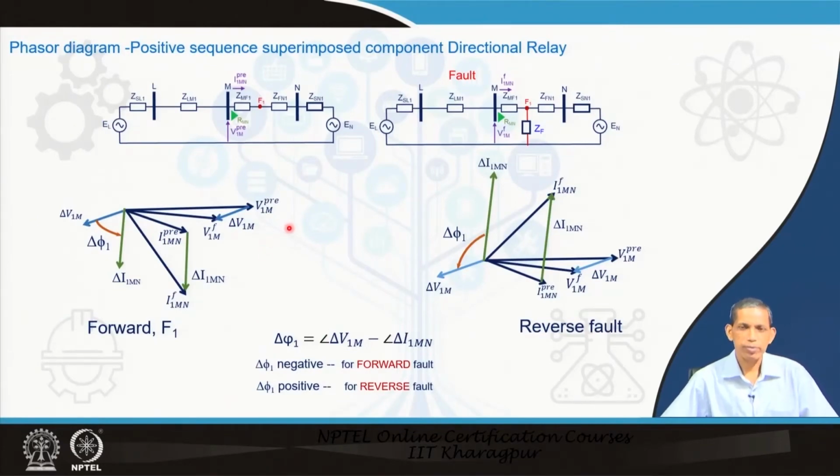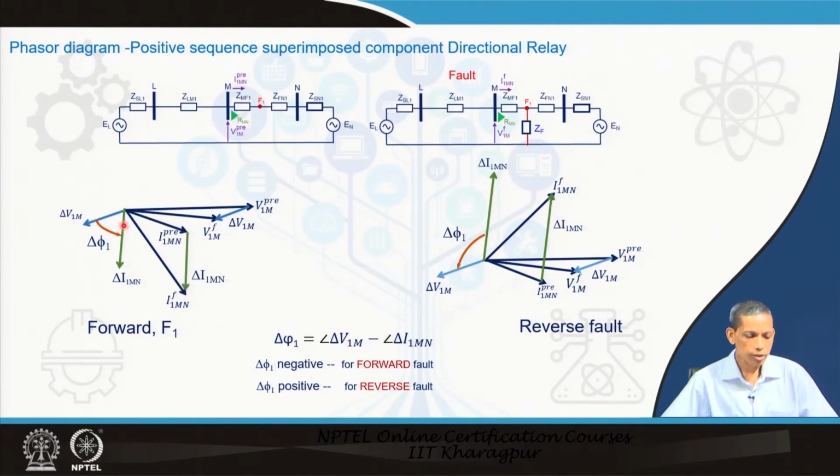Now, going to the phasor diagrams, like we did for the sequence components also. We have the pre-fault and the fault positive sequence diagrams. Let us first go for the forward fault. We have V1M pre and V1M fault, so this is delta V1. We have the current lagging this voltage: I1M fault and I1 pre, so this is delta I1.